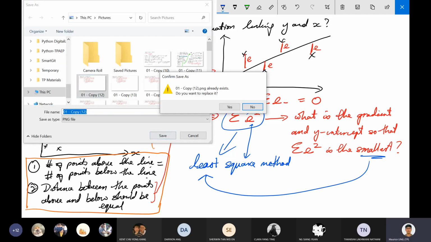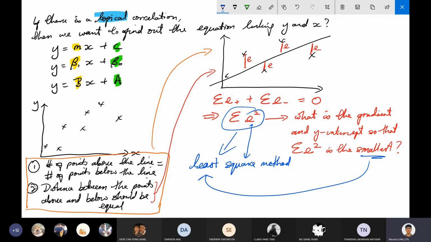All right. So let's just look at linear correlation, to begin with, linear regression. The purpose of regression is to get the equation.